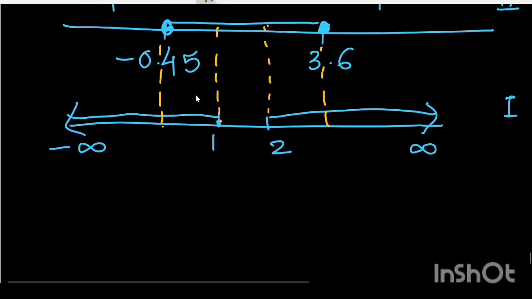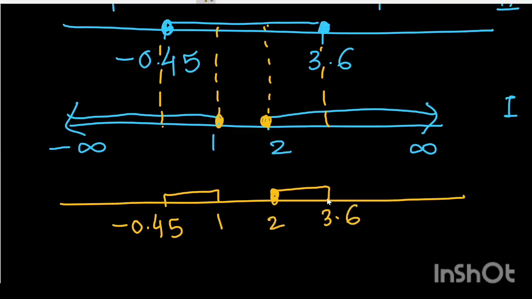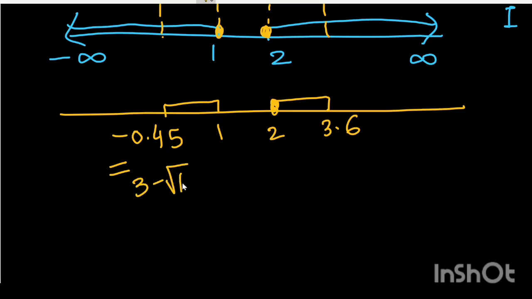So that region would be our solution, which is minus 0.45 to 1, where 1 and 2 are included, and then 2 to 3.6. We know that minus 0.45 was 3 minus root 17 by 2, and 3.6 was 3 plus root 17 by 2.